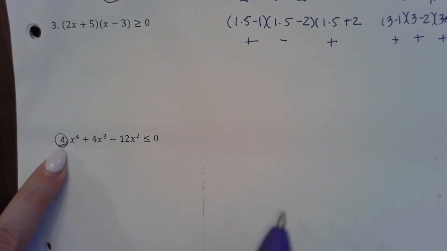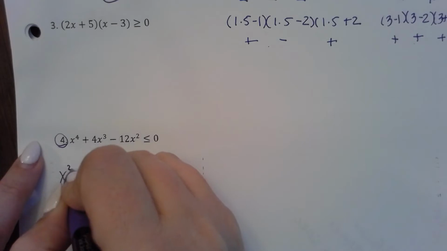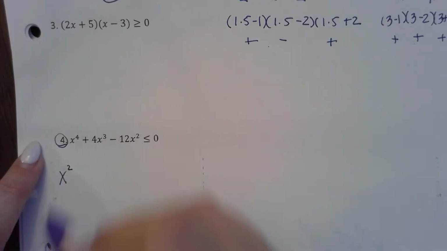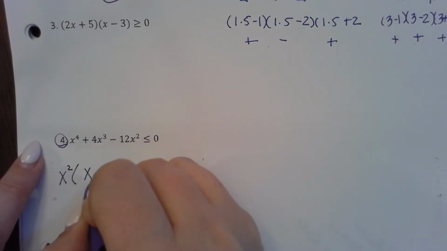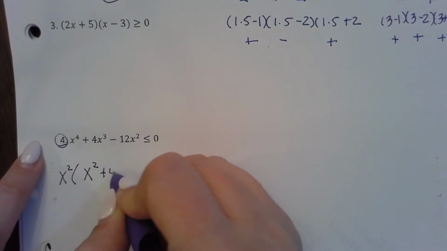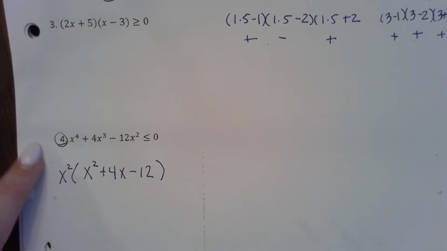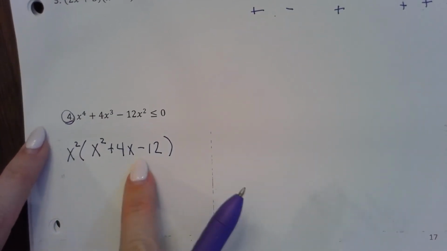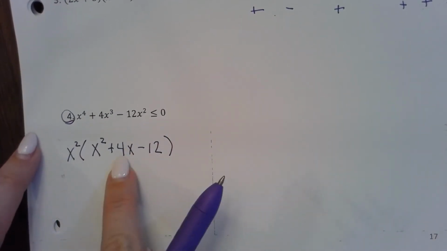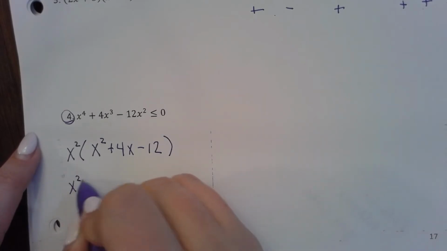Right, so if we look here, the GCF is x squared. So if I pull out an x squared, that leaves us with x squared plus 4x minus 12. Okay, well, this is a trinomial, so it multiplies to -12 and adds to +4.